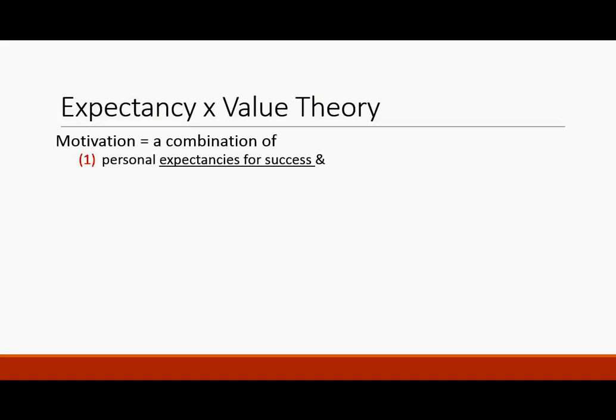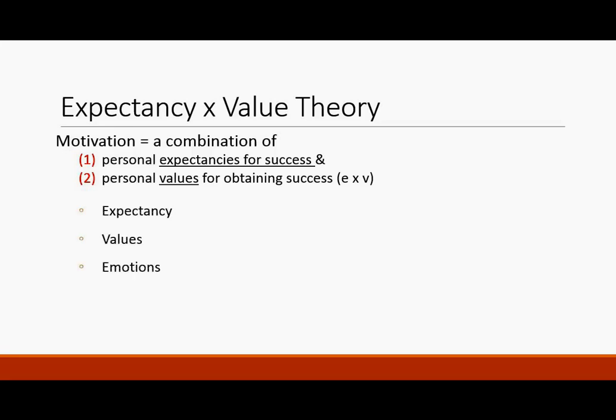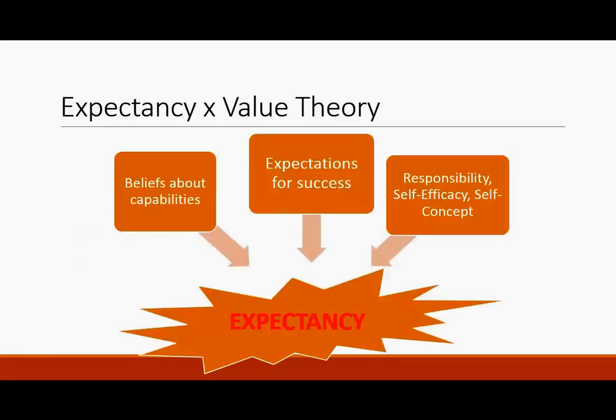Motivation is a combination, according to this theory, of our expectancy and our value. Do you expect to be successful? And do you value that success? This has to do with expectancy, values, and emotions. So, our beliefs matter, whether we expect that we are capable, our expectations for success, our responsibility.